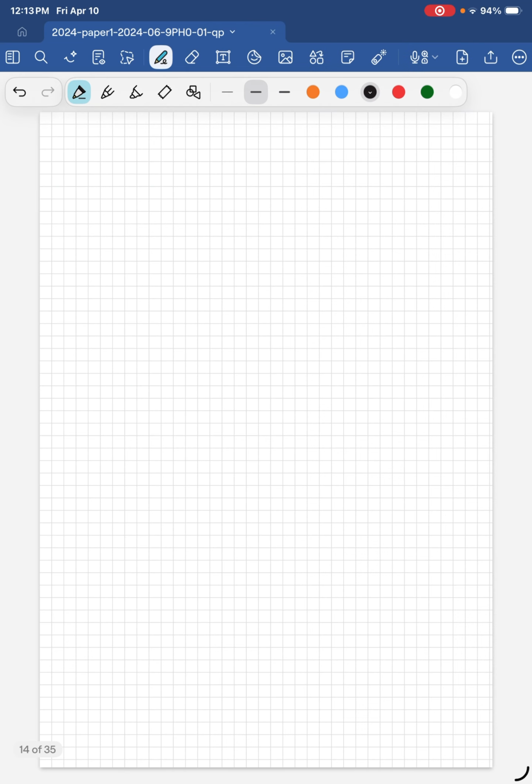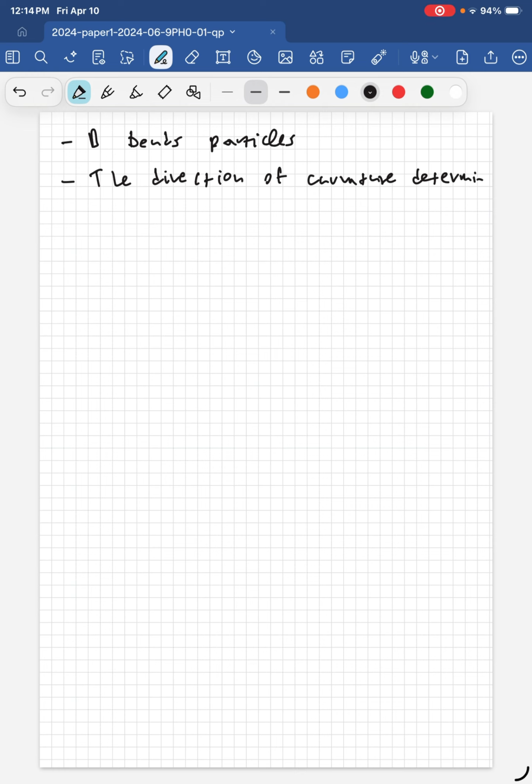So let's use a clean page. This means that B bends particles. We already wrote that, I think, right? And because of that, the direction of curvature determines the charge of the particle, right? And we can see this from this equation.